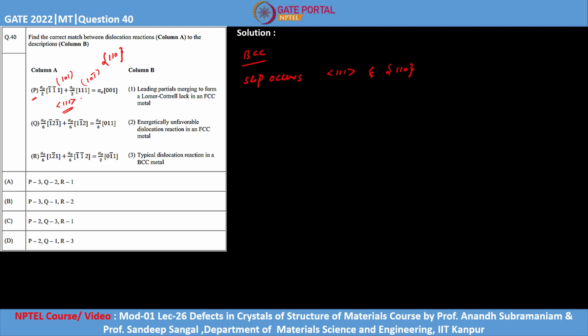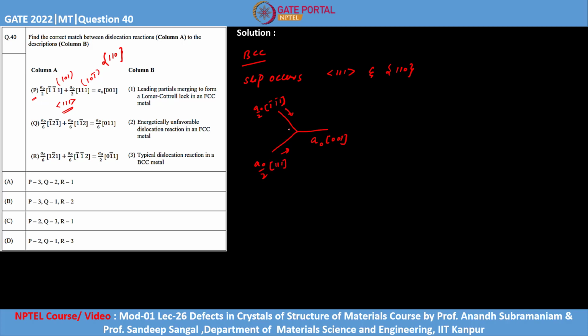Like most of the time, slip in BCC occurs in this direction and this set of planes, right? So if you try to represent this dislocation reaction, we can write it like two partial dislocations moving this way and combining to form another complete dislocation. So this can be a0 times 001, this can be a/2 times 1 bar 1 bar 1, and this can be a0/2 times 111, right?